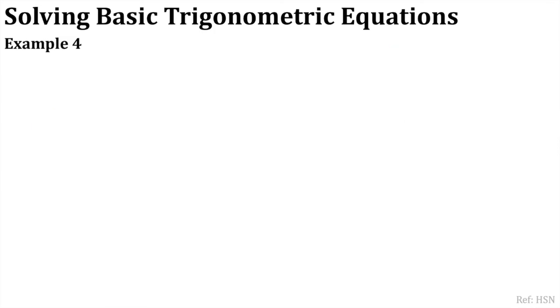And finally, example 4. So we want to solve tan x equals -5 for x lying between 0 and 720. Given the last example, the first thing that I might observe here is that the last example was sine x, and we knew that there was no solution because the graph of sine x lies between -1 and 1.